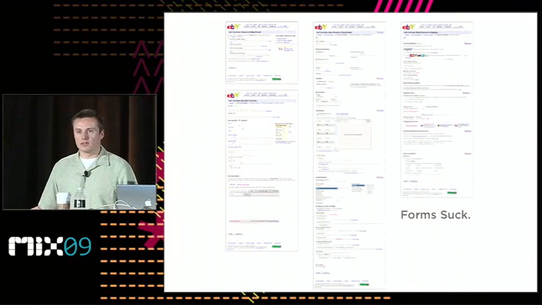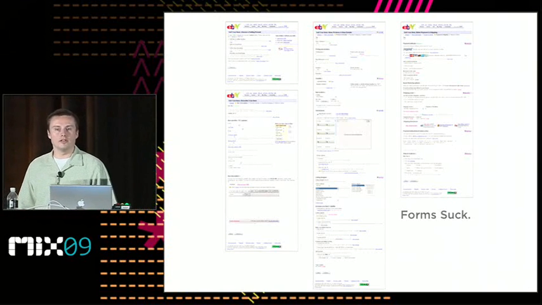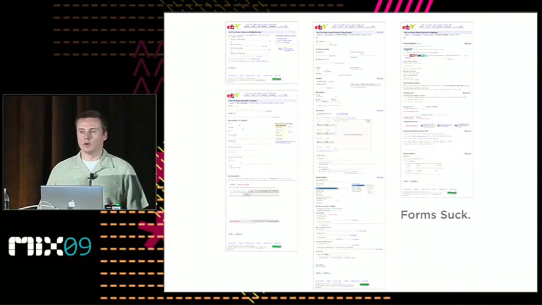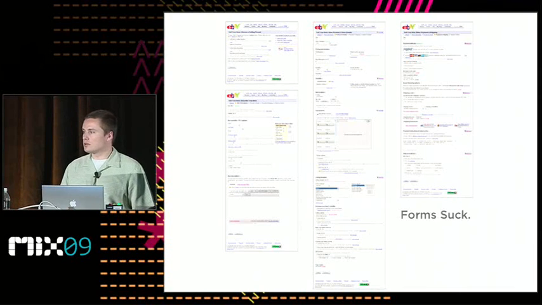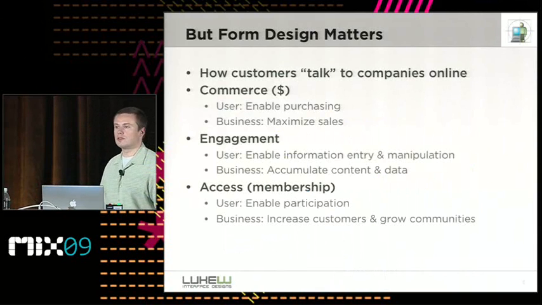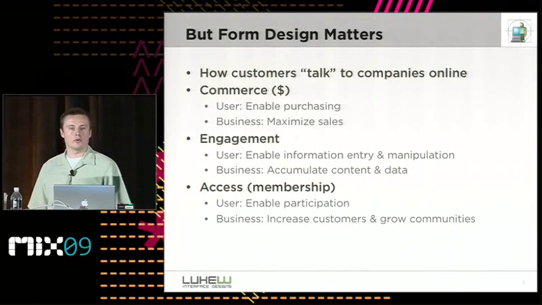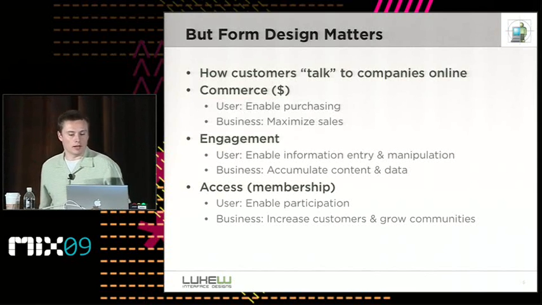But eBay is the 30th largest economy in the world, right? 700,000 people make their full-time living selling at home in the U.S. on eBay. So people are getting through this somehow. That doesn't necessarily mean it's a great experience. So the meta point here is, despite the awfulness of that eBay experience, all of you sort of cringed when you saw what you had to go through to list something for sale. Forms actually make a big impact.